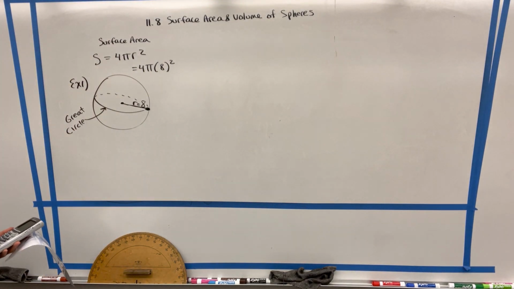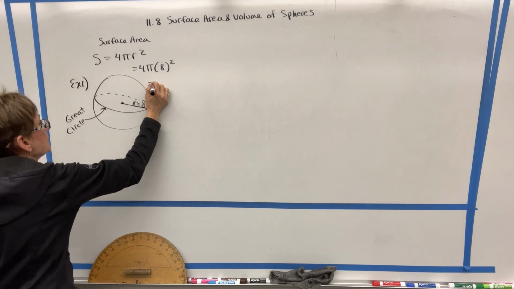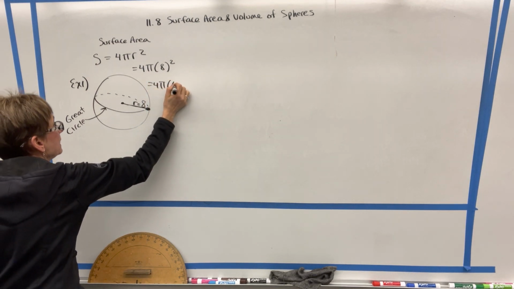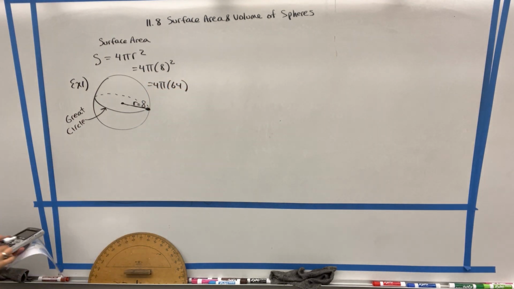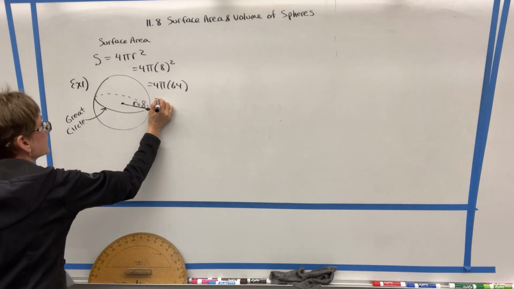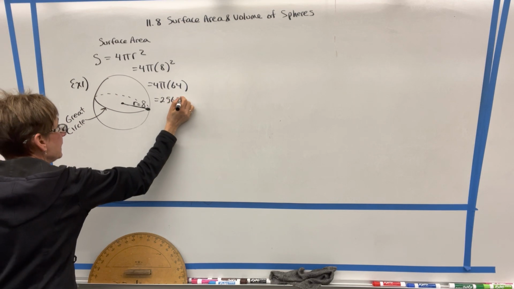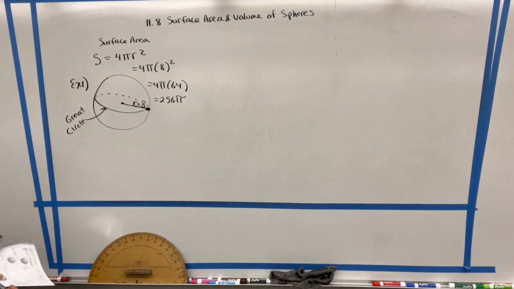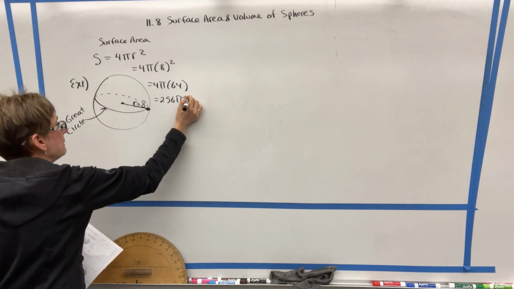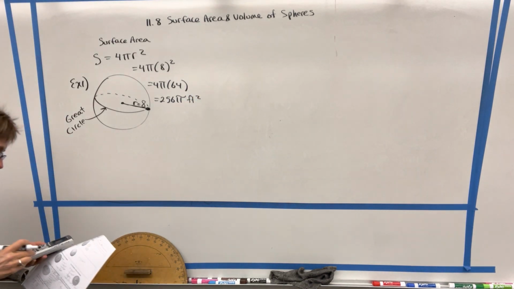So we're going to do our exponents first. So this is going to be 4 times pi times 64. And then I would take 64 times 4 to get 256. And usually in this kind of case, I would just leave it with a pi on there. So 256 pi. If we're talking about feet, for example, that might be feet squared.